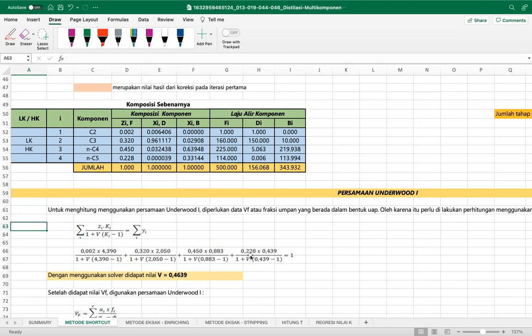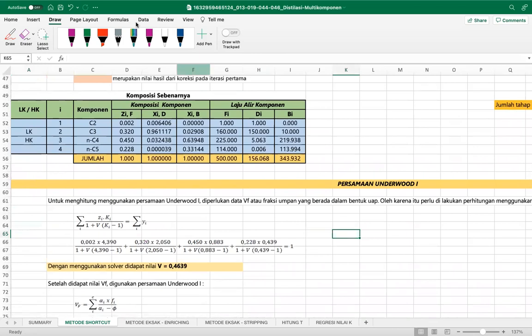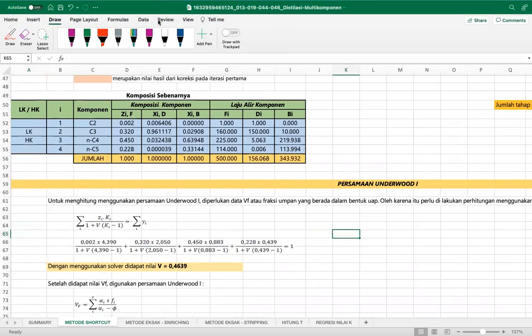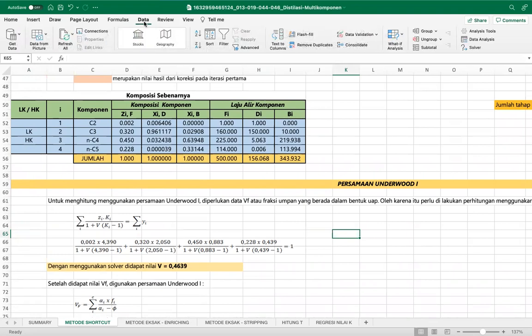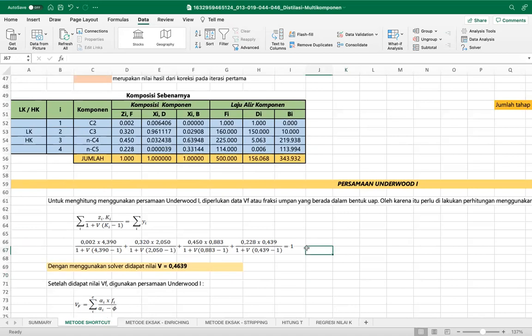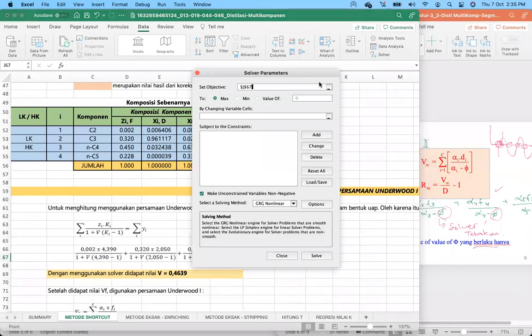And then you have to use Goal Seek from Excel. Remember Goal Seek, from Excel. Find in Excel how to get Goal Seek, using Solver.